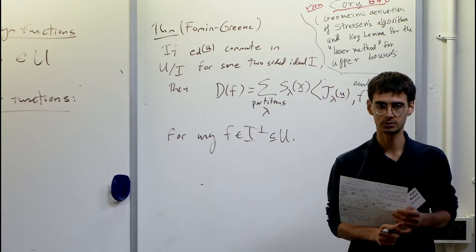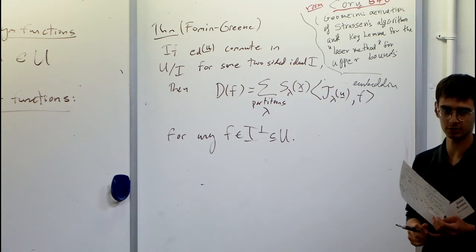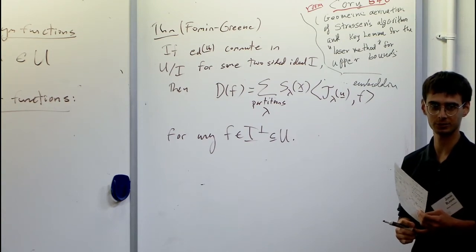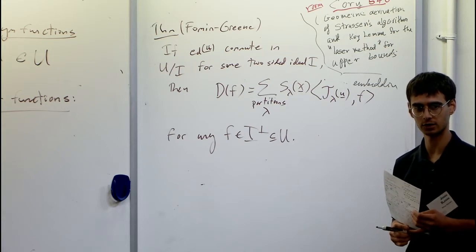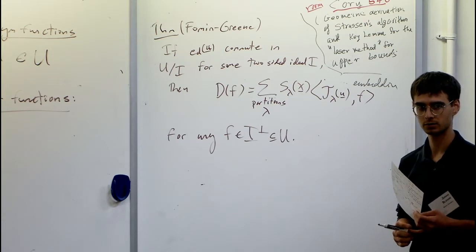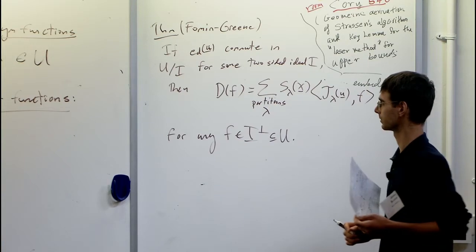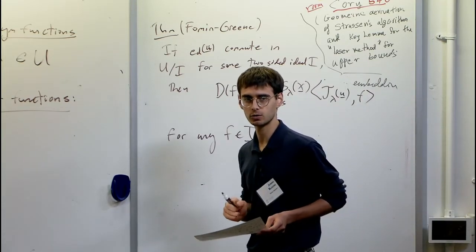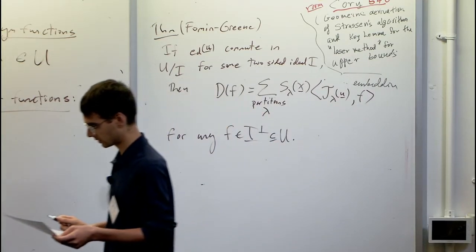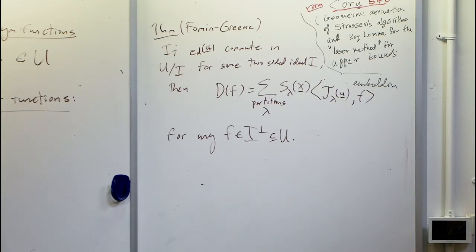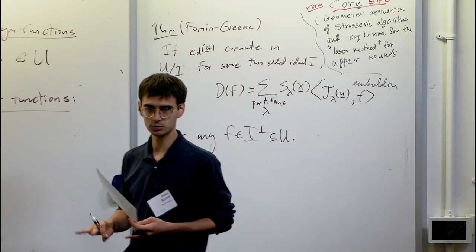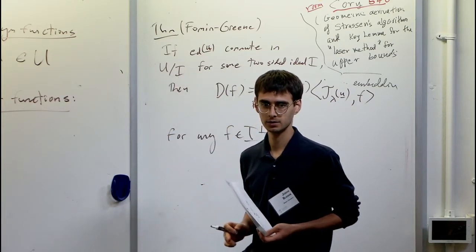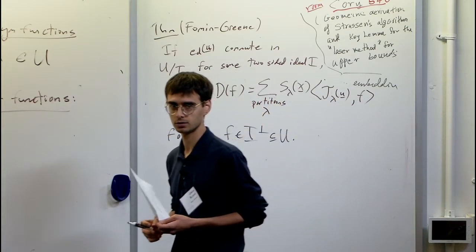Yeah, you'll see. There's something else that you need to do for this to be useful. You're going to take a slightly larger I. Yes, that's right. But actually, that's a very good question. And one of the things that I've worked on with Sergey Fomin is explicitly understanding that I. And we do, actually.